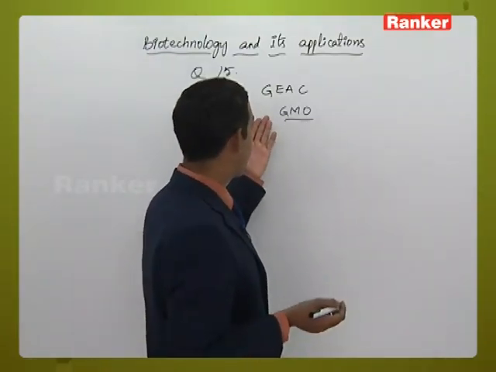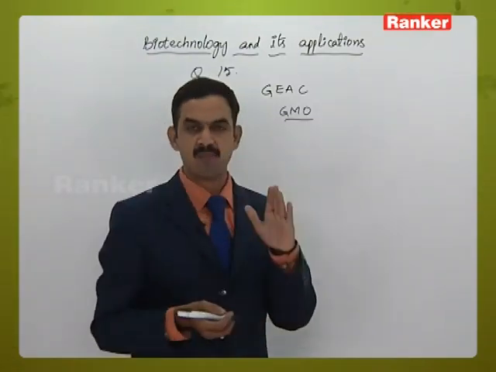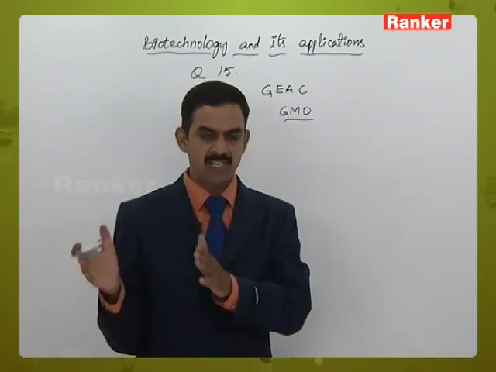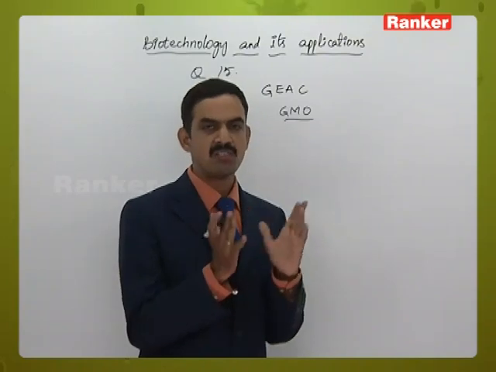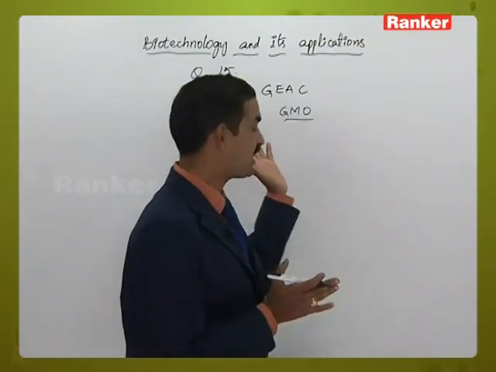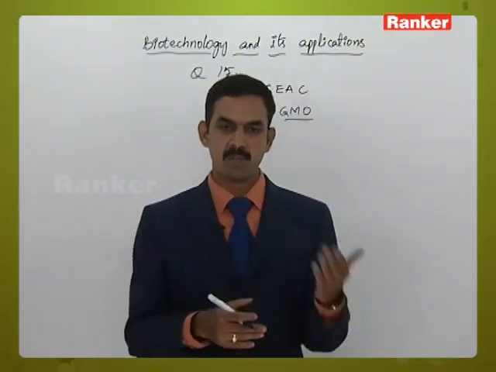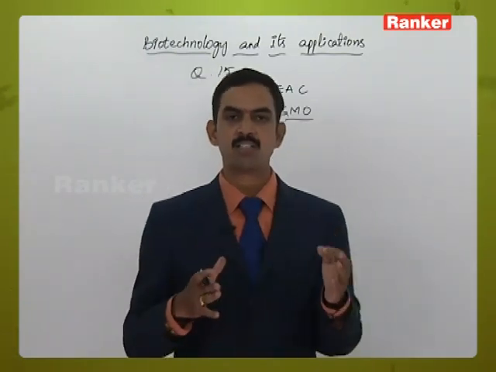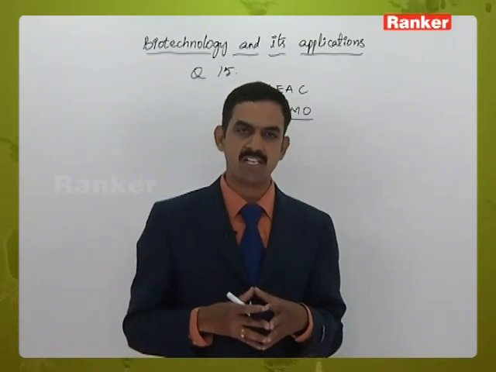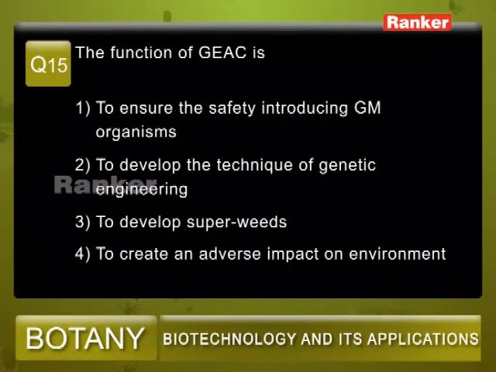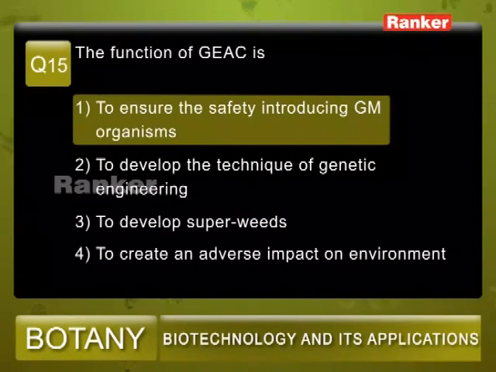Up to which level these GMOs are safe to introduce into the field, and also the utilization of these transgenic organisms for various purposes, is concerned with ensuring the safety of introducing genetically modified organisms. So question number 15, the correct answer is 1.